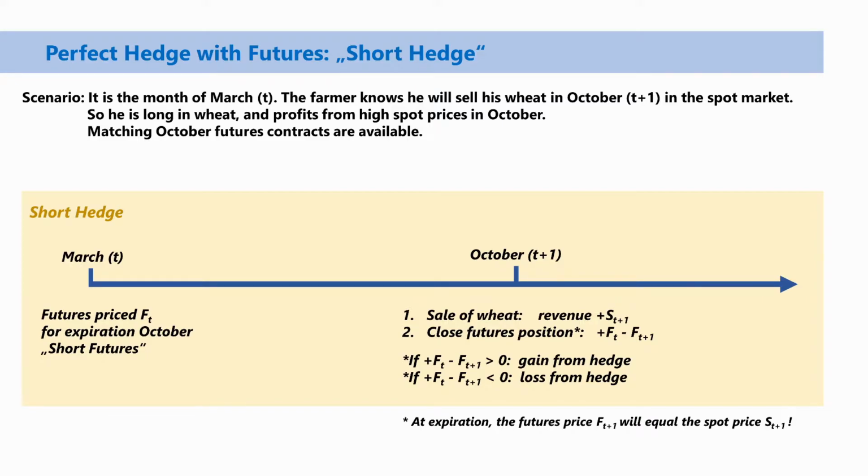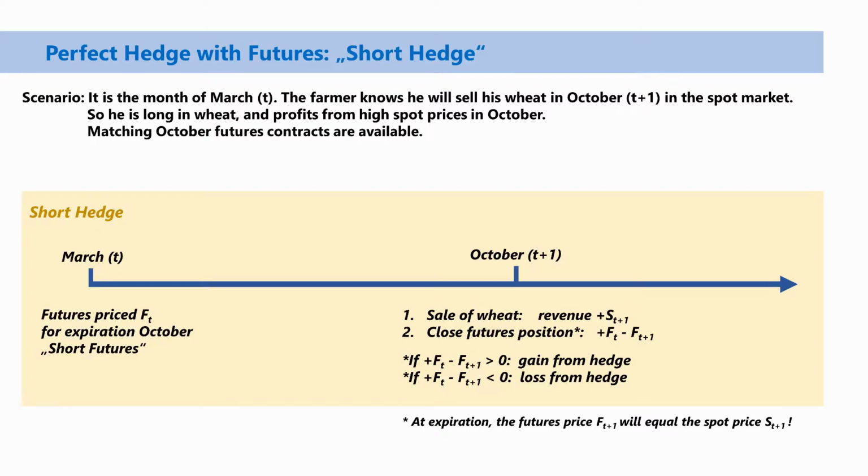Let's take a look at time T plus 1. The S T plus 1 is a revenue. He is selling his wheat for that price. The F T is the price for which he has to sell wheat in the futures market. So the F T is also a revenue. At expiration, the futures price for that exact moment, T plus 1, cannot be anything else than the spot price.